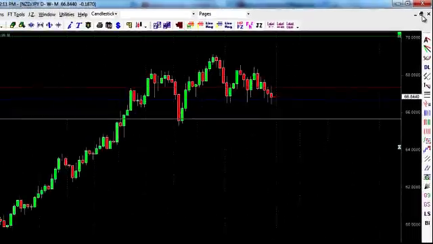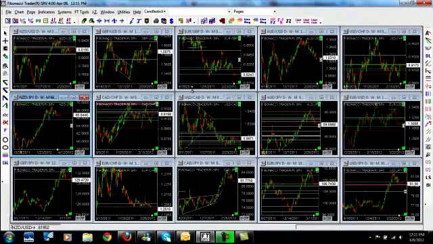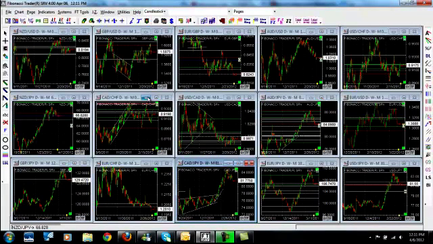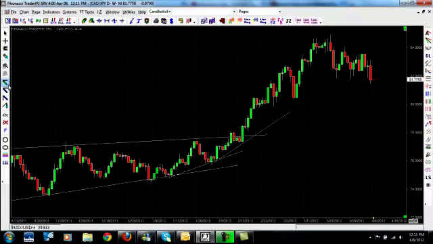So let me look at a different chart here, and I want to show you a trade that we actually took yesterday. Was it the CAD yen? Yes, it was. Actually, hold on a second. Let me be sure that's the right trade that we took here. Let's look at here. Yep, that was it.